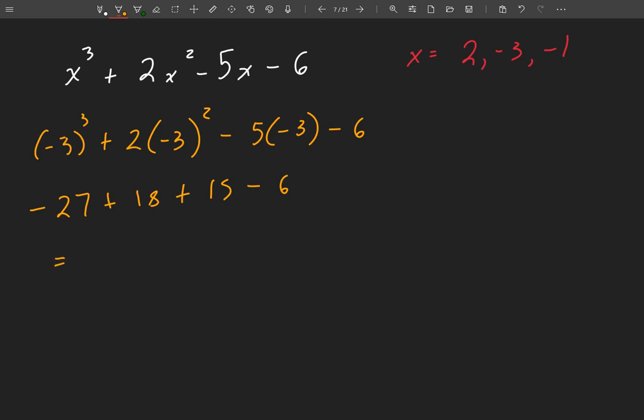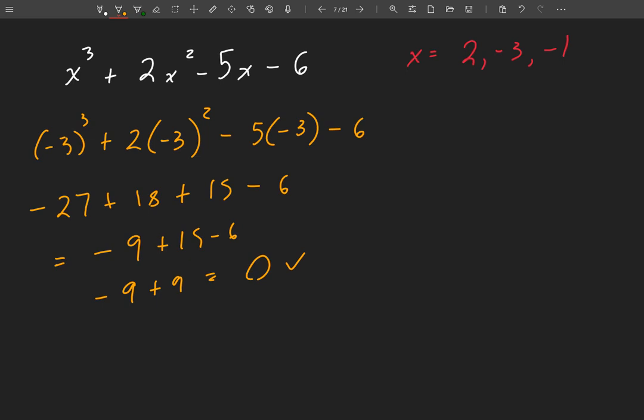All right, let's work left to right. -27 plus 18 is -9, plus 15 minus 6. Let's see, that's -9 plus 15 minus 6. Well, let me do it this way. 15 minus 6 is 9, right? And -9 plus 9 gives me 0. So I have verified that -3 is in fact a root.